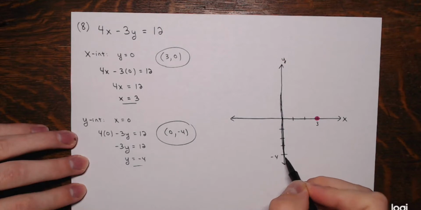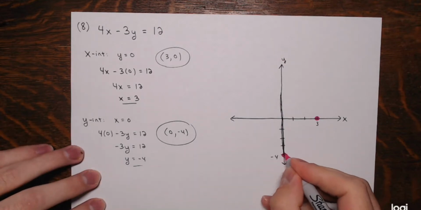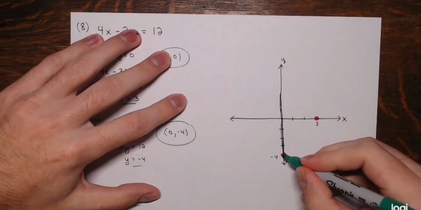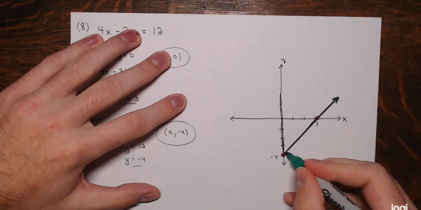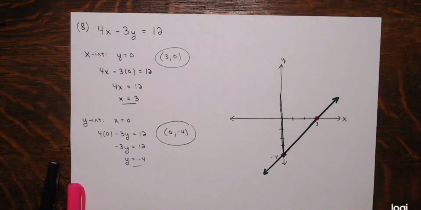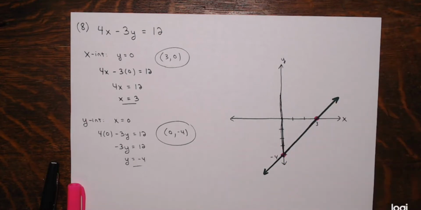Then the rest of the points should fall on the line with these two. This is a lot better looking than the last line I drew, a lot more straight. Wonderful. And again, I leave it to you to test this out. I'm not going to use Desmos this time because I actually made a pretty decent line here. Great. Just a couple more.